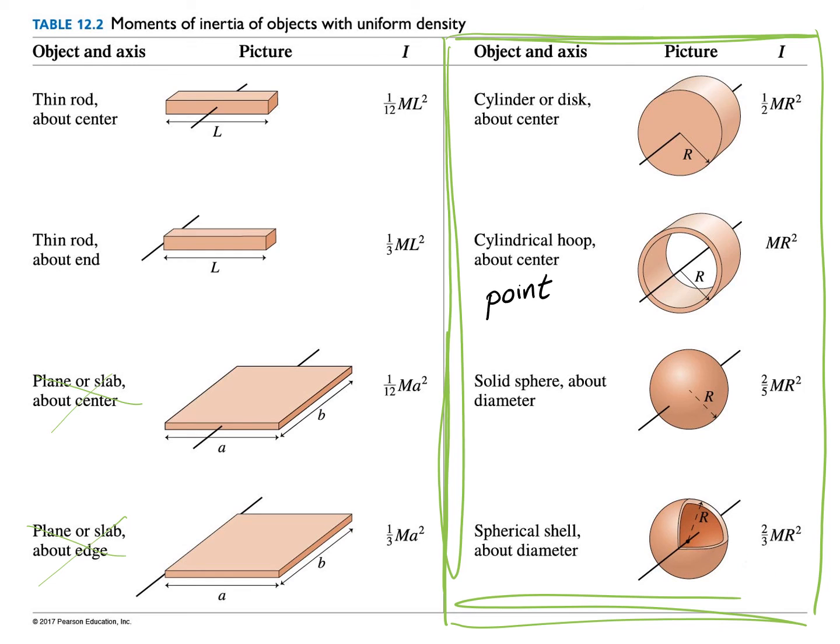And sometimes this value in front, so this 2/3, 2/5, it's a 1 for this one, and the 1/2, is referred to as lowercase c. It is some constant that is associated with a particular shape. Now the only place that you will probably see a c is in the next section, or the next video, where we talk about rotational energy.